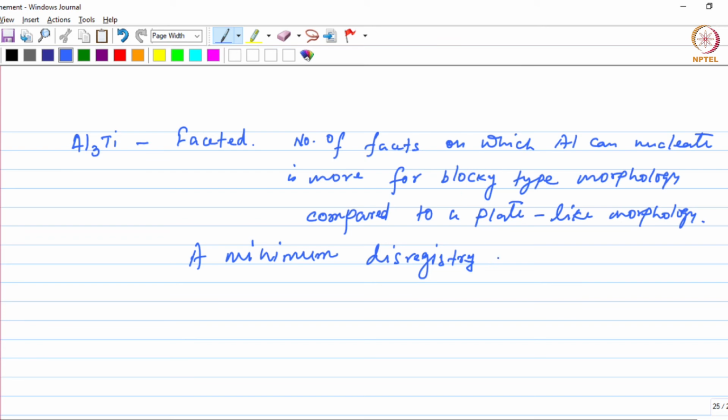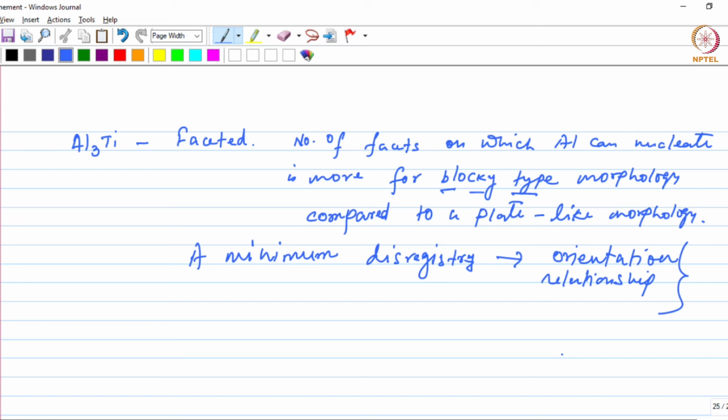So it has to provide certain planes, which will have some orientation relationship with the planes of aluminium. And such planes having the orientation relationship with aluminium will be more favorable for the aluminium to form, which is obvious. And therefore, if you have morphologies which can provide such surfaces, by having more number of facets, it will be better as a nucleating surface.